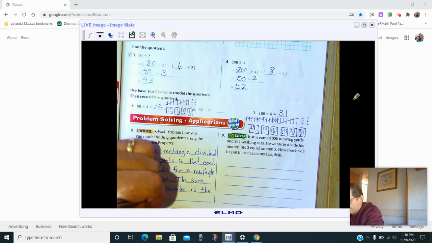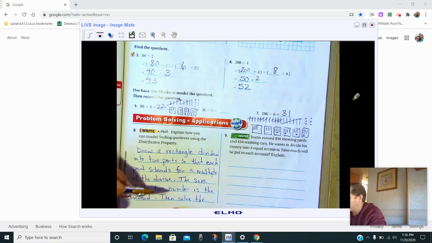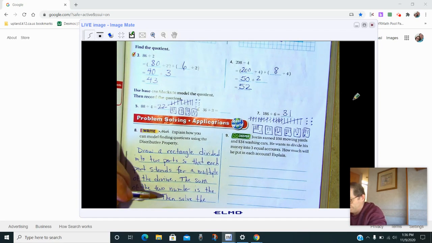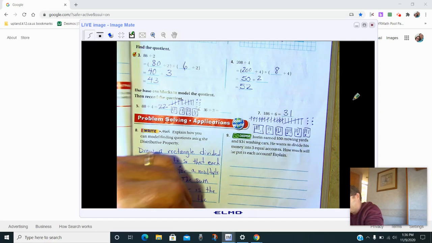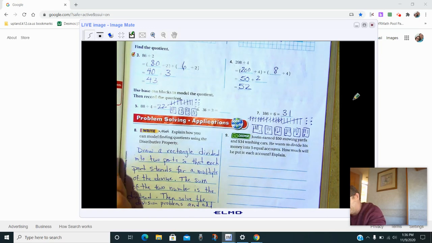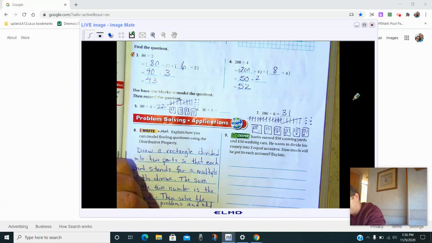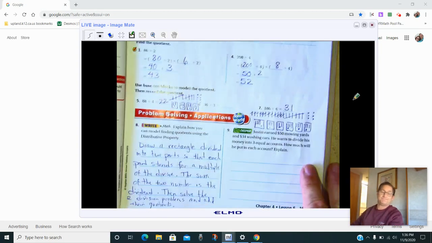Then solve the two different division problems. And add their quotients. So that's basically what we've been doing with the rectangles.